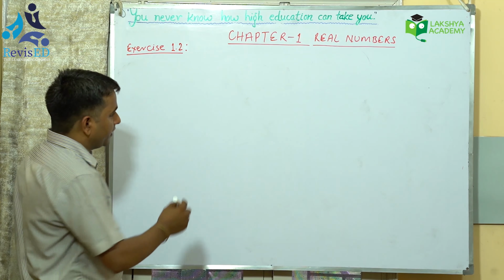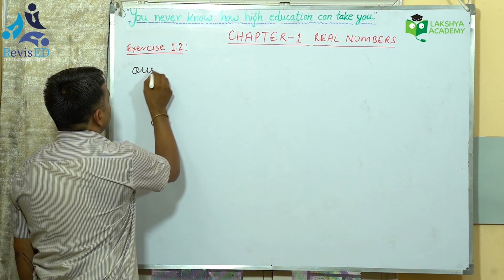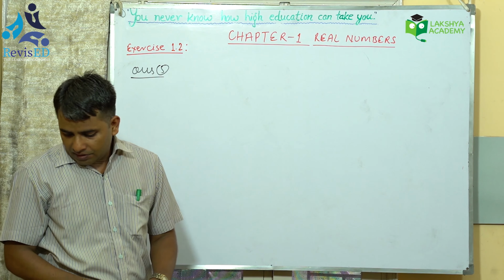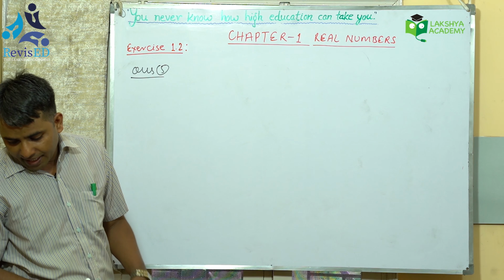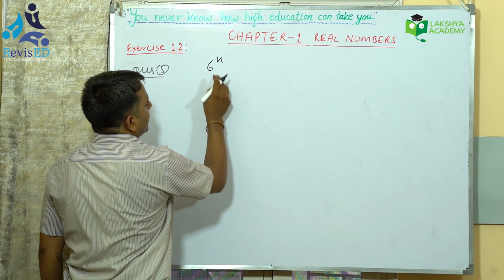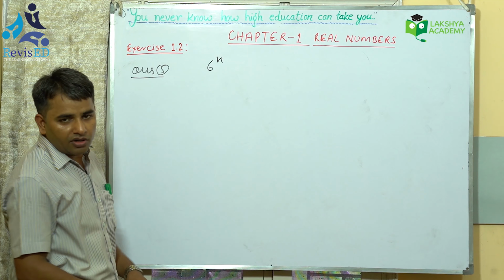Coming to question number 5. Check if 6 to the power n can end with 0 for any natural number n. Is 6 to the power n ending with 0 or not?